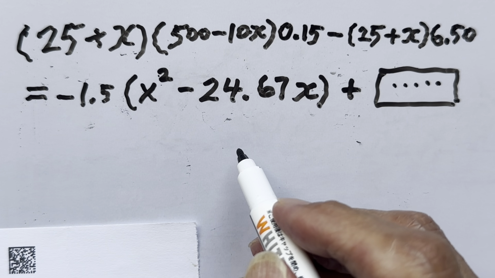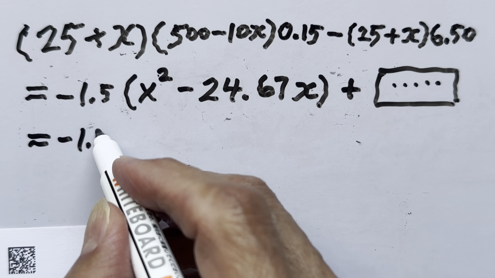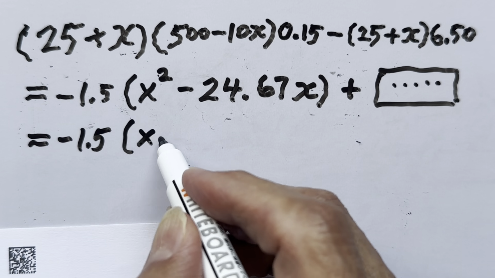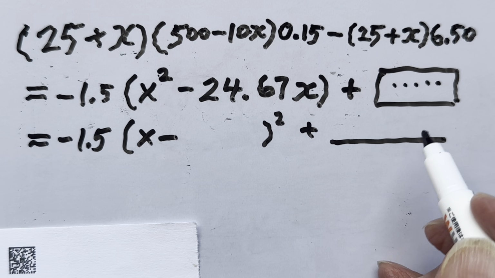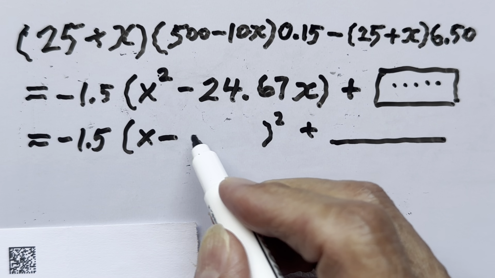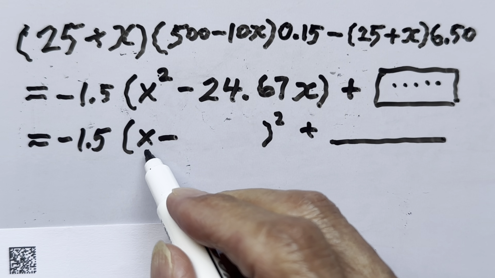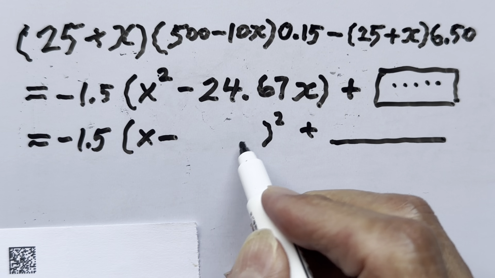Then I will have x minus something here and a constant here. Now this part is the maximum value. This part is the value corresponding to x. When x is equal to this number, you have the maximum. So these two numbers are the vertex coordinates.